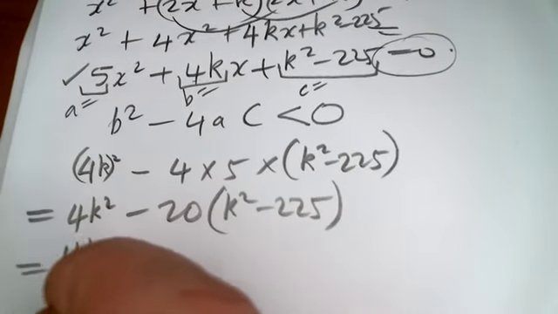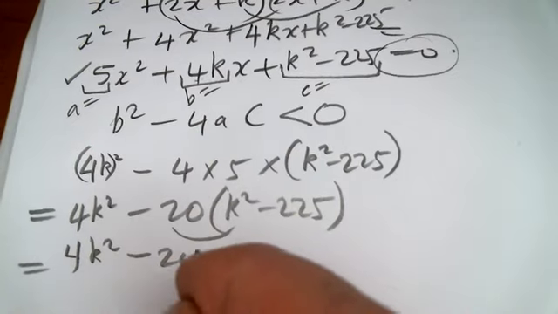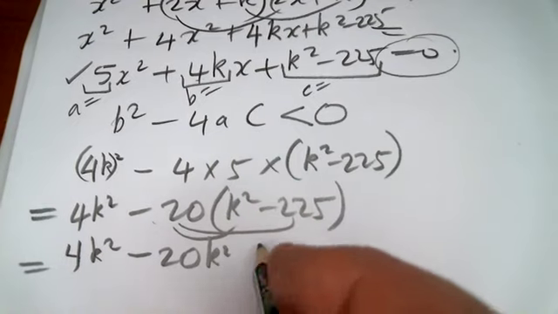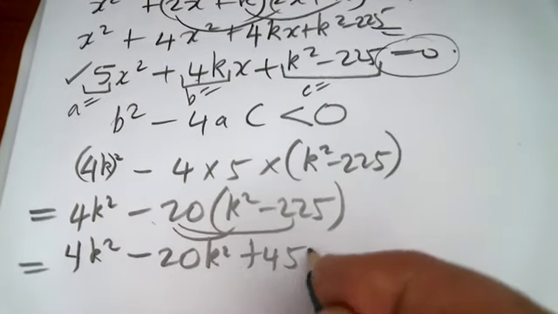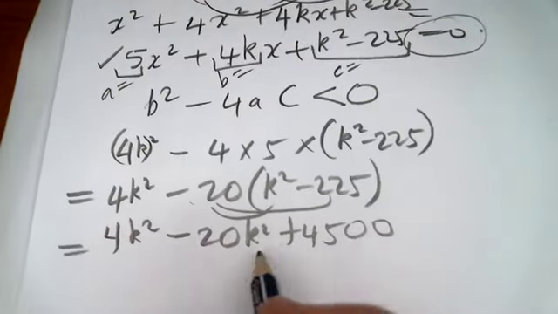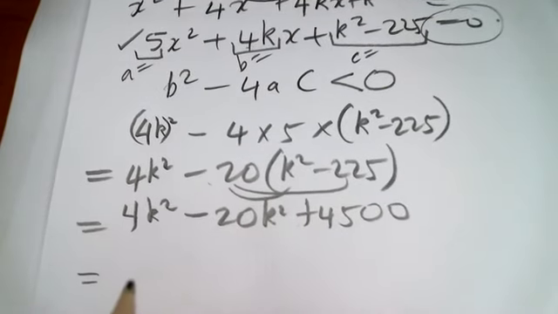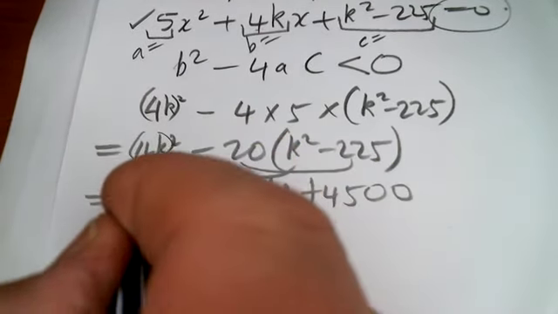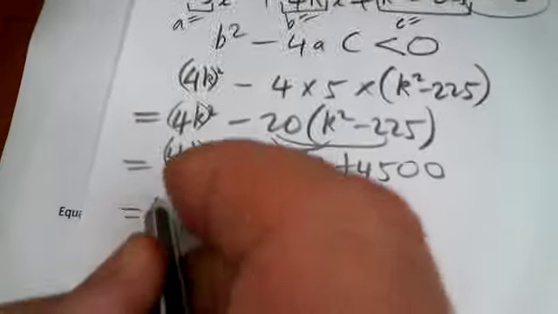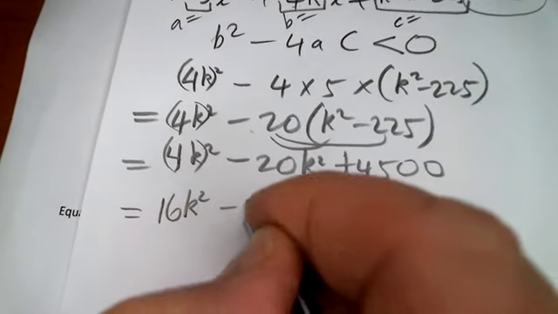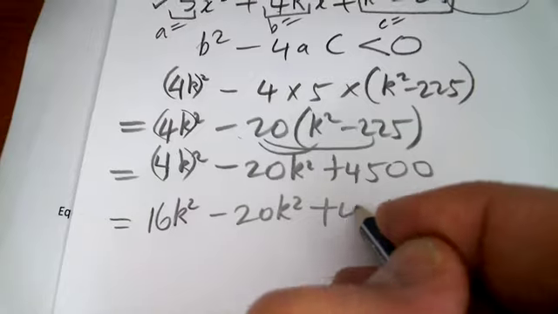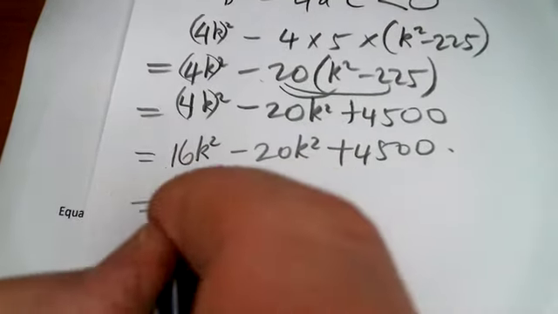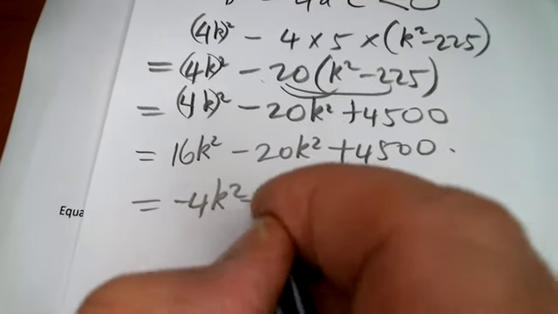Sorry, that was in brackets there, so this now is actually 16k squared minus 20 times k squared, and negative 20 times negative 225 is going to be 4,500. Now that makes it easier. So 16 minus 20 is going to be negative 4k squared plus 4,500.